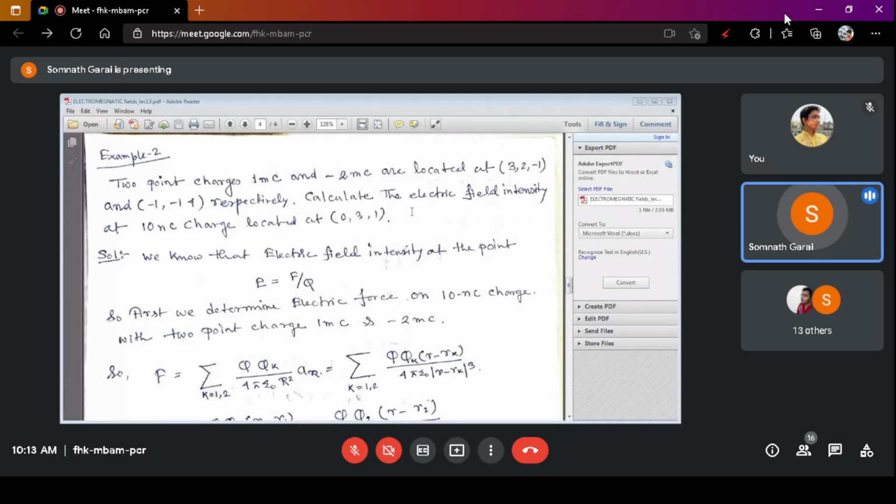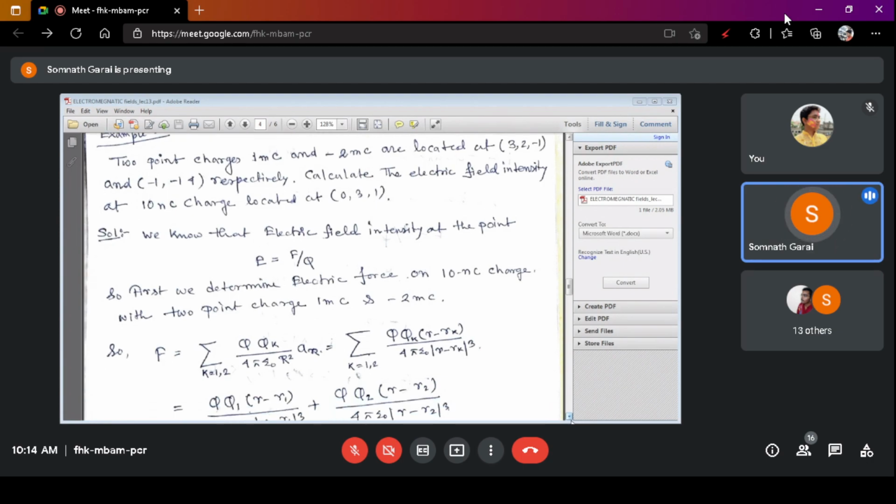And we have to calculate the electric field intensity at a point charge Q of 10 nanocoulomb whose vector location is 0, 3, 1. So we have to calculate the electric field intensity of the 2 points Q1 and Q2, that is 1 microcoulomb and minus 2 microcoulomb, with respect to another standard point charge whose value is 10 nanocoulomb, right?